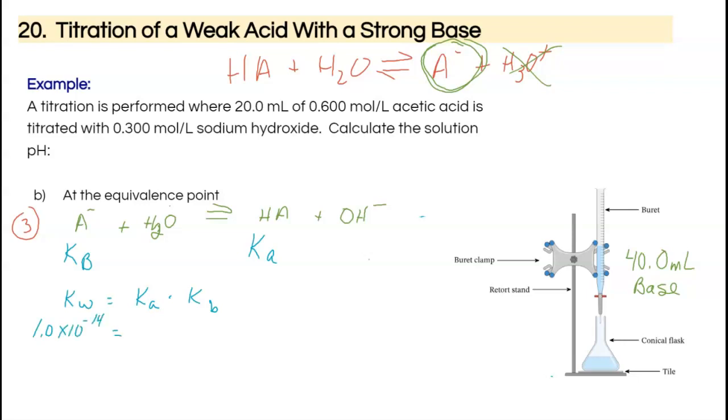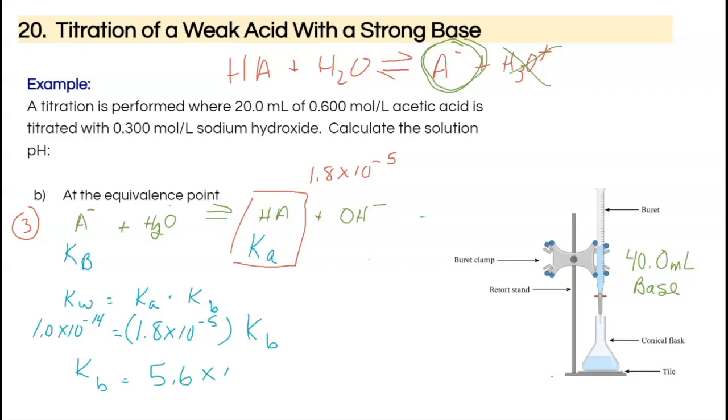Our Ka for HA, from our earlier work, was 1.8 times 10 to the negative 5. That's going to get substituted in for Ka, so 1.8 times 10 to the negative 5 times Kb. Solving for Kb, I get a value of 5.6 times 10 to the negative 10.